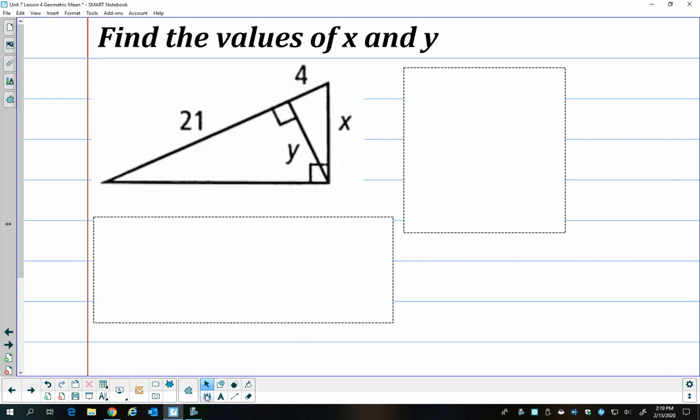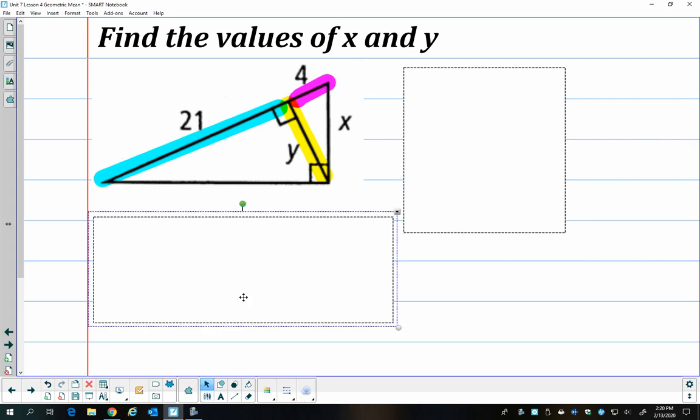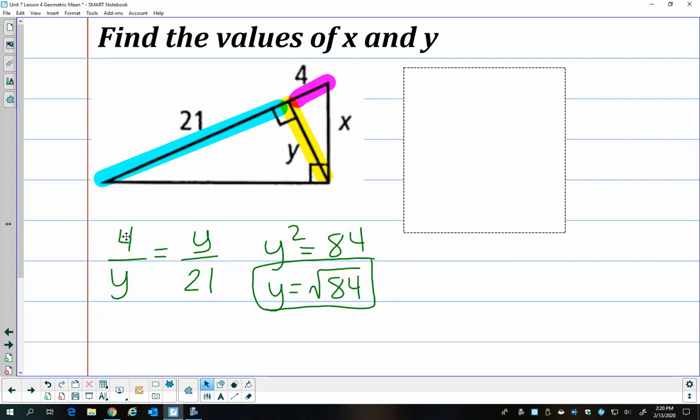Let me do one more with you. Y is the altitude, again, so that's the geometric mean between 21 and 4. And so I can write my proportion, 4 over y, small over mean, mean over big. Solve that to get y is root 84.